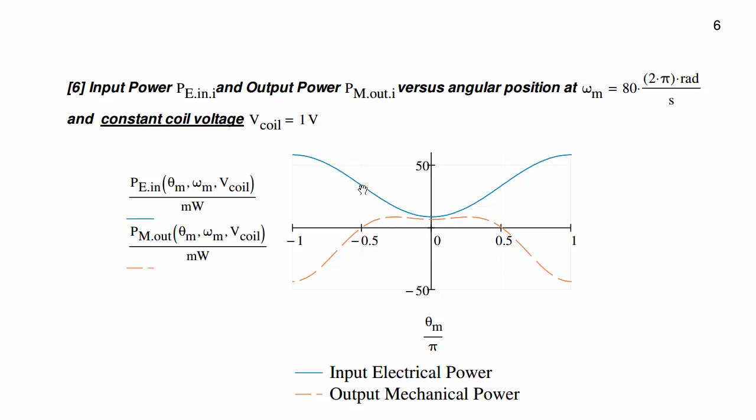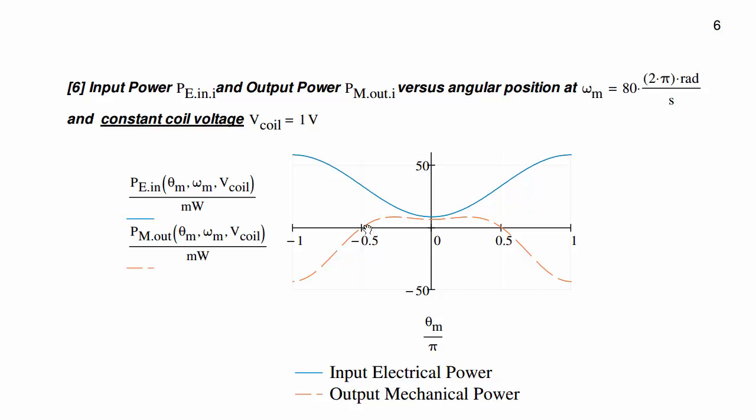But there's a penalty, because as we move away from 0 degrees, the input power goes up significantly. For instance, if we go very close to minus 90 degrees, our input power there looks like it's close to 35 milliwatts, and yet at that point the mechanical power going out is 0.